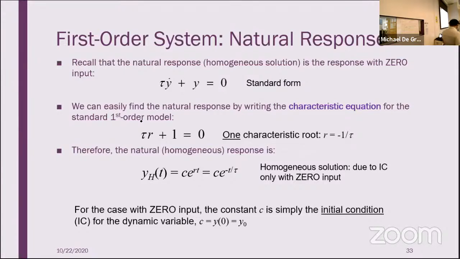So in this case, our characteristic root is -1 over tau. So we can rewrite the homogeneous solution as y_h of t is equal to C e to the -t over tau.